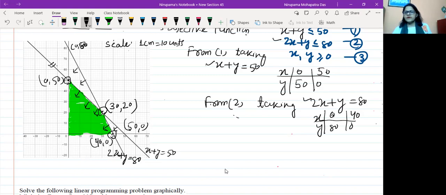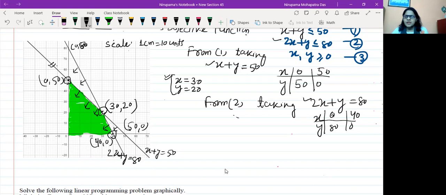When you solve these two equations, you get x equal to 30, y equal to 20. You know how to solve two linear equations in two variables, right? This is just to cross check, to be doubly sure we are not making a mistake in the graph. So you are getting 3 corner points.